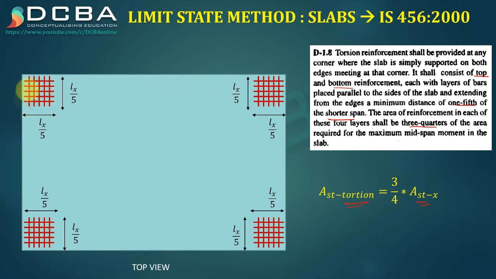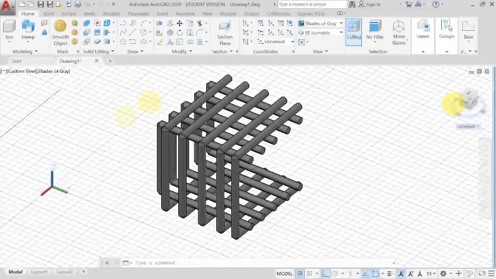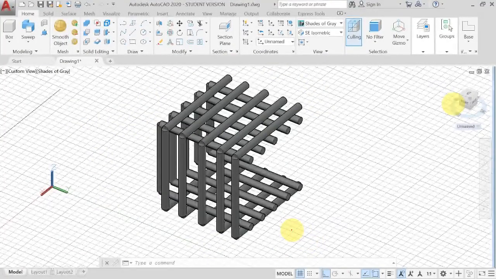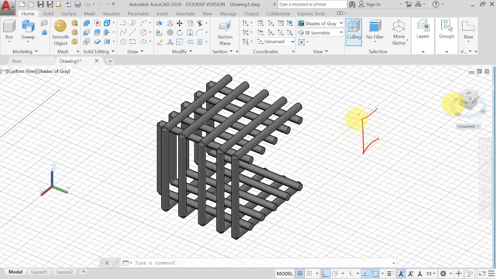How this is exactly given in a slab is, I have drawn here a 3D diagram in AutoCAD, and this is how that torsional steel will look at the corners. So you can see that this bar is bent like this. So we have these C type of bars, we have bent it like this, and then inside we have another C type of bar which is placed this way in perpendicular direction.